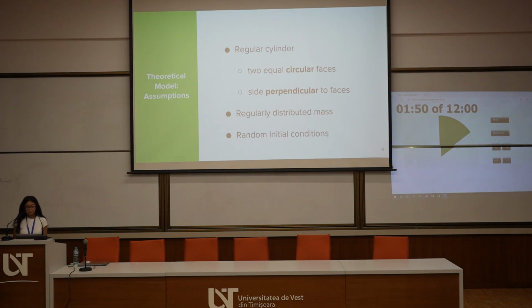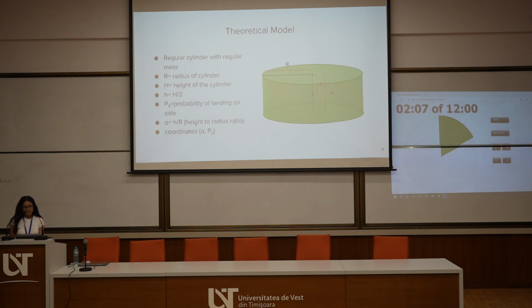The dice would be a regular cylinder, which means it has two equal circular, not oval or linear shaped faces, and the sides are perpendicular to the faces. It also has a regularly distributed mass, and the initial conditions would be random because of the last slide. Now, in the theoretical model, we have some variables. First is R, the radius of the cylinder; capital H, the height of the cylinder; and then lowercase h, which is the one I will be using the most.